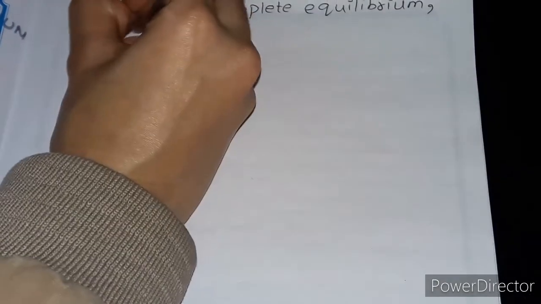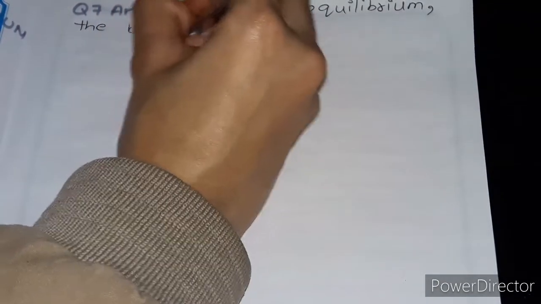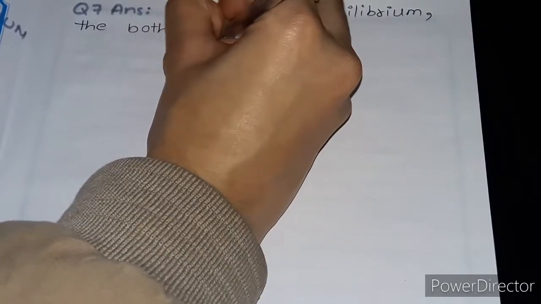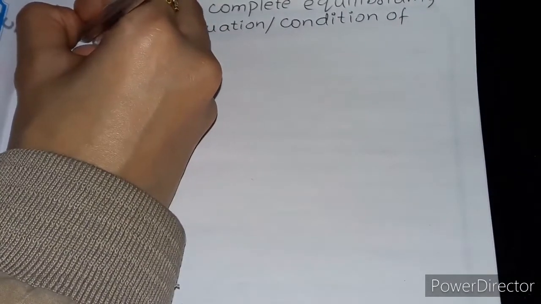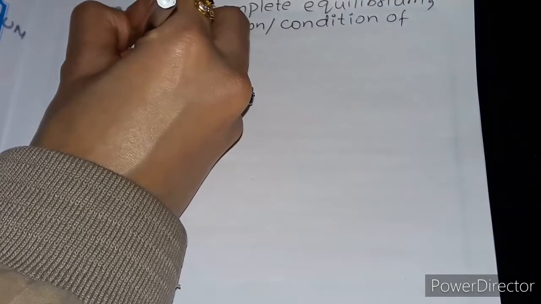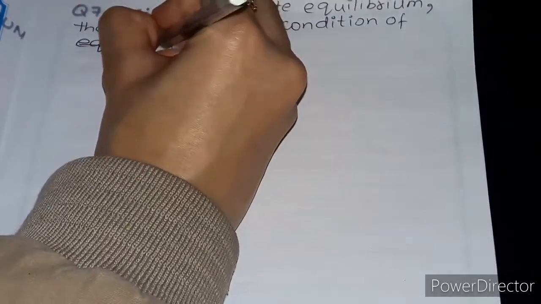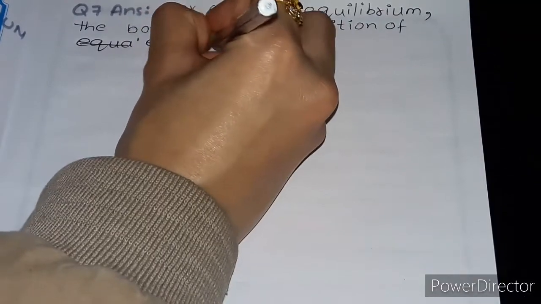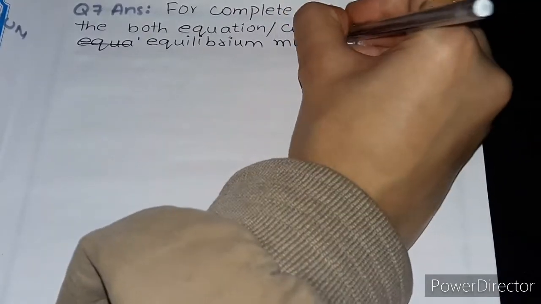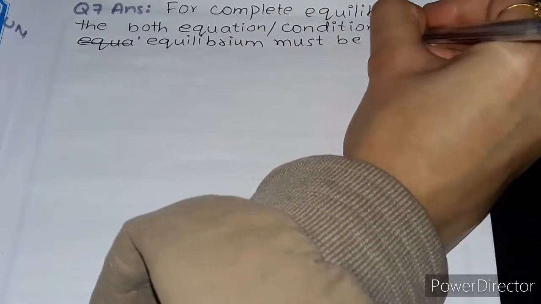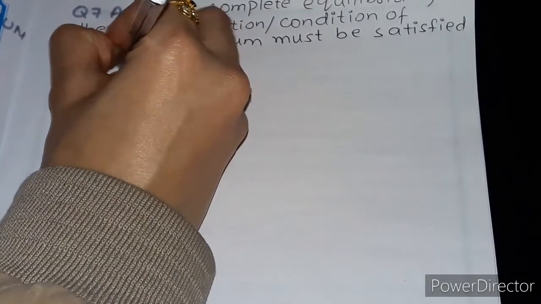both equations or conditions of equilibrium must be satisfied, like first and second.